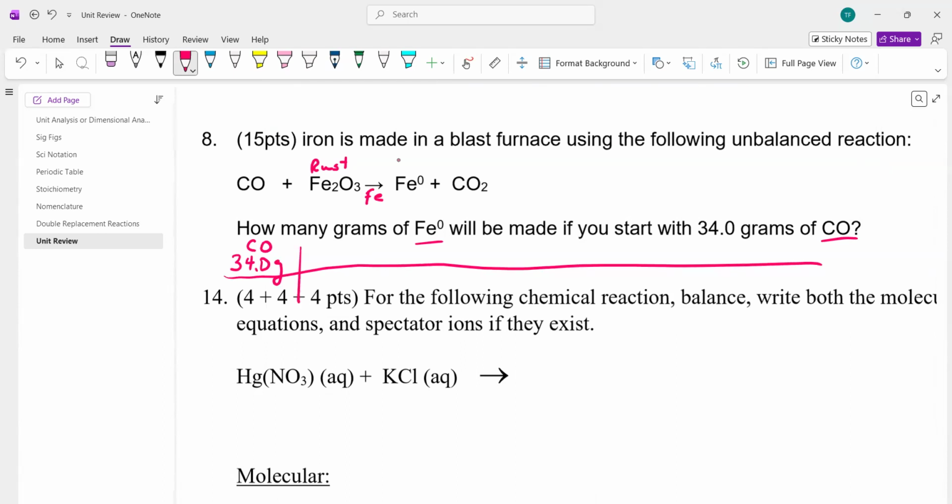First step is convert to moles, because remember, balanced equations are a molar relationship. Next, we're going to use the balanced equation ratio.